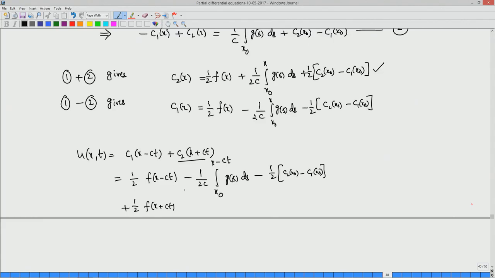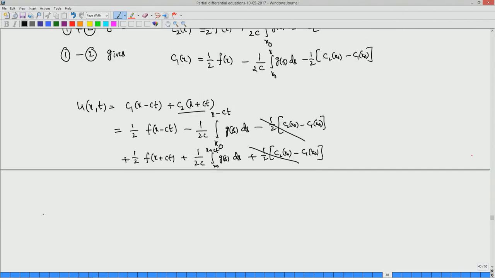C2 is half f at x plus ct plus 1 by 2c integral x naught to x plus ct of g of s ds, and this is plus half, anyway a constant, C2 at x naught minus C1 at x naught. So this gets cancelled. What you see is that you simply combine these two terms, this one and this one.